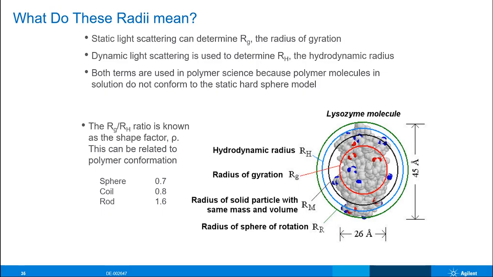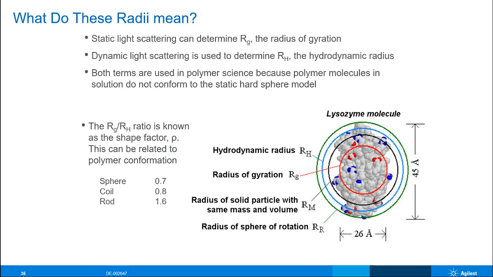If we see a value of 0.7, we know that it's acting quite like that hard sphere model. As we start moving up towards 1, 1.2, 1.4, we see a material going from a sphere to more of a coil to becoming much more rod-like in solution. Looking at an example of this, we're going to take a look at thyroglobulin.